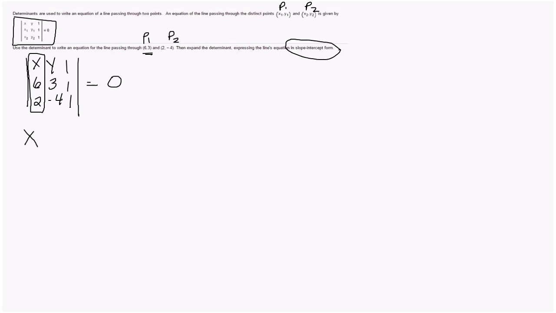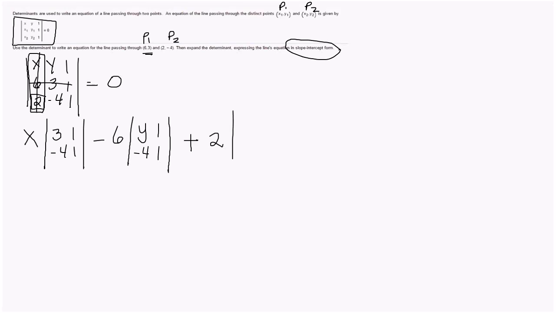We're going to say x, and then the determinant 3, 1, negative 4, 1 is going to be inside there, minus 6, and then inside, if we take 6 out, that's going to leave us with y, 1, negative 4, 1, and then plus our last one, which is 2, and then inside is going to be y, 1, 3, and 1.